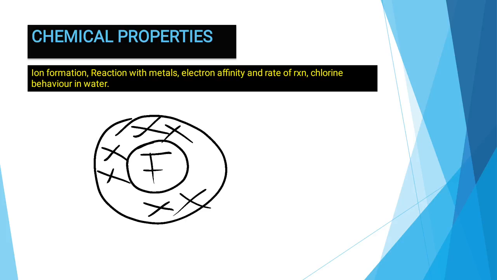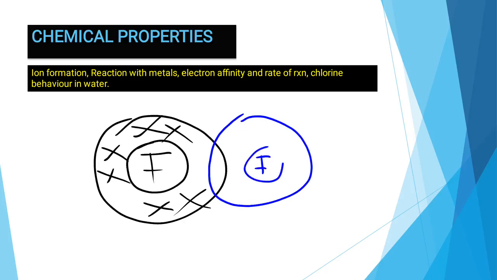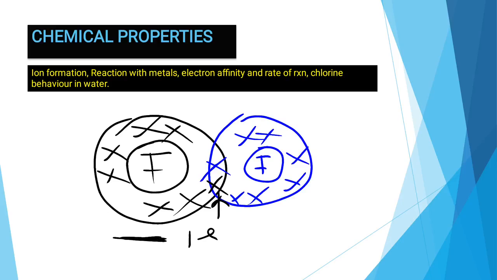And then we have another fluorine atom like that with 7 electrons as well. The last electron, the 7th electron, is usually shared between the 2 atoms. So we have one electron from this fluorine here, and then this other electron coming from this fluorine.